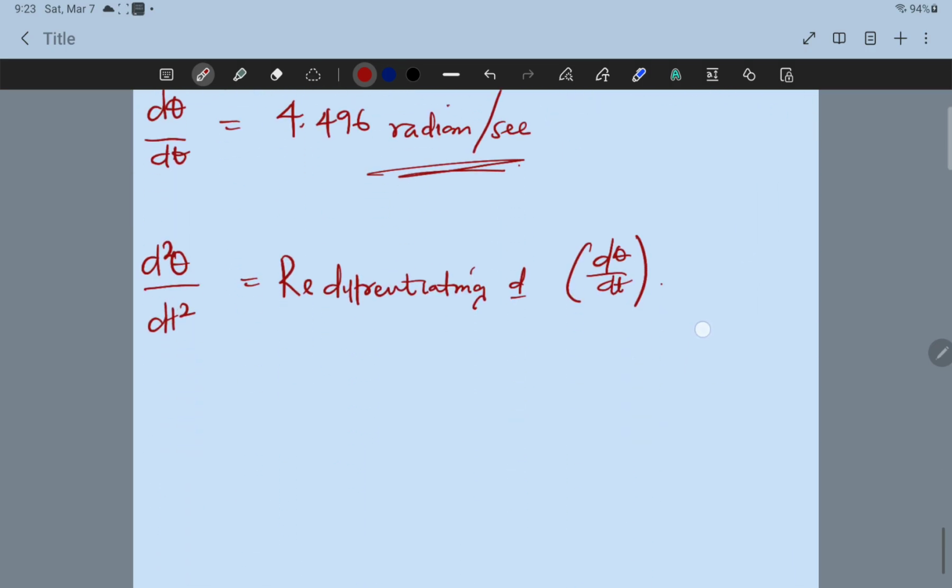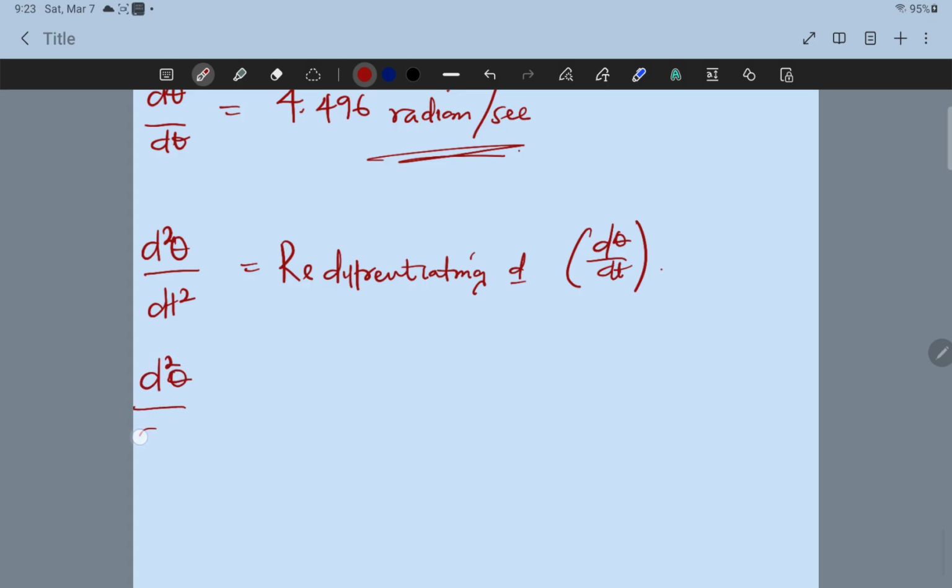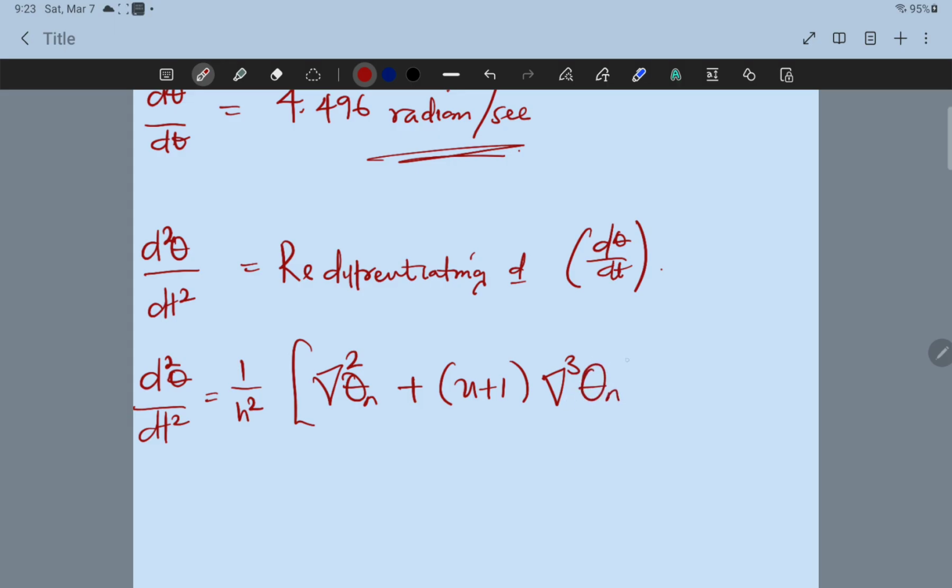If you differentiate that, d squared theta over dt squared should be equal to 1 over h squared into the bracket of [backward difference squared of theta n plus (u plus 1) backward difference cubed of theta n plus (6u squared plus 18u plus 11) over 12 backward difference to the power of 4]. So this is what it's going to be.